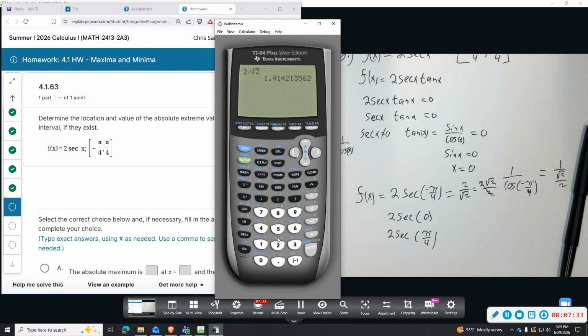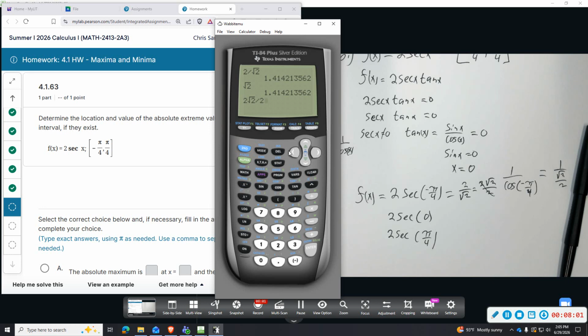And then if we just type in square root of 2, because that's what it simplifies to, you just look at the decimal approximation, you see it gives you the exact same thing. So 2 over the square root of 2 is the same as just the square root of 2. Even if you wrote it as 2 square roots of 2 over 2, it will give you the same thing, 2 square root of 2 divided by 2. I should have put that in parentheses, but I think it still works out.